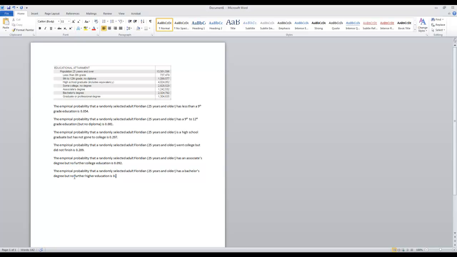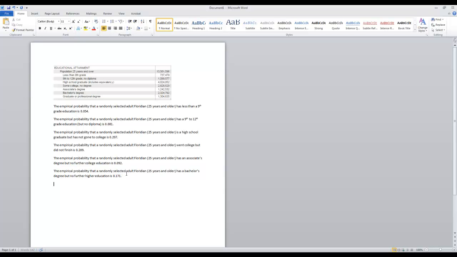Well, there's that 2 million figure, those folks. 2,324,792 divided by the whole, which is 13,561,596. When you divide that out, you get 0.171. That says 17.1% of Floridians 25 years and older hold a bachelor's degree but not a higher degree.